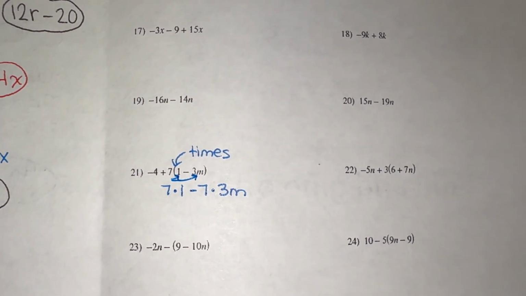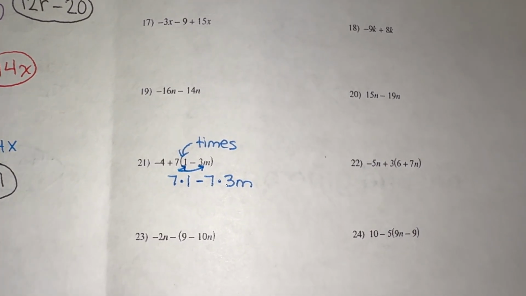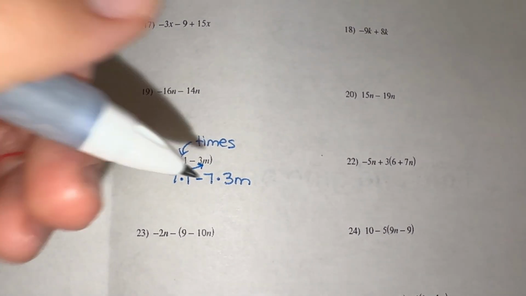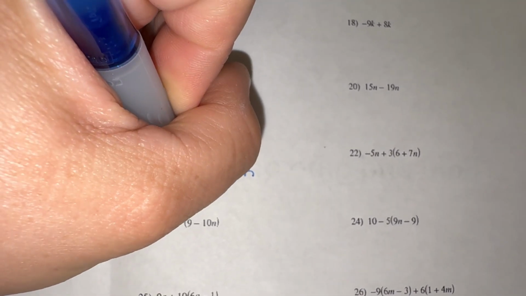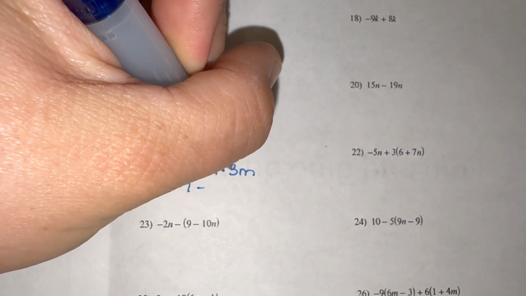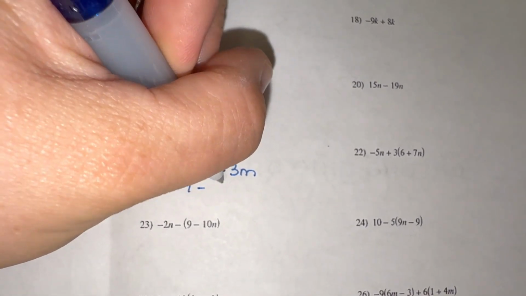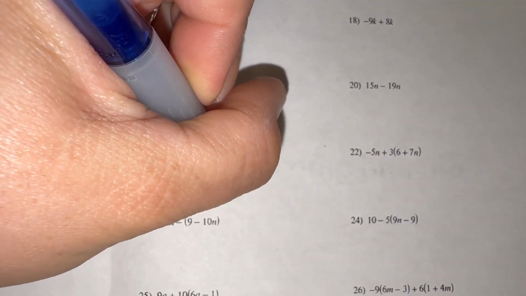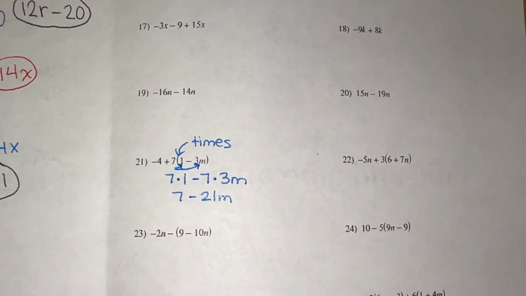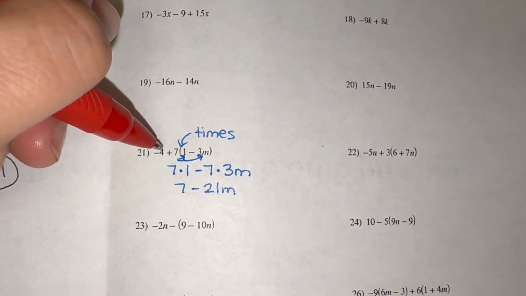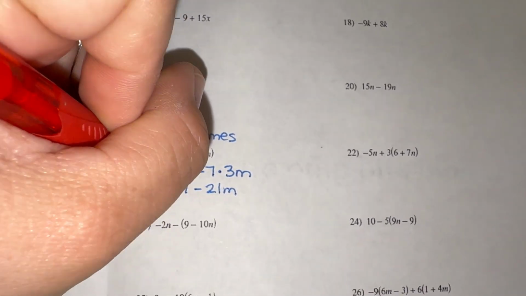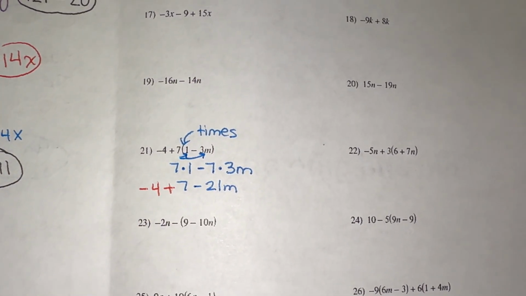I like to draw arrows. So let's go ahead and multiply those amounts. 7 times 1, 7. 7 times 3, 21. And it has an m, so it's 21m. Okay, and then go ahead and bring down what was in front, which was the plus negative 4.